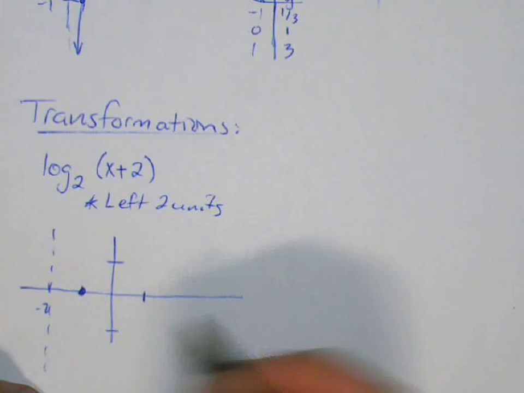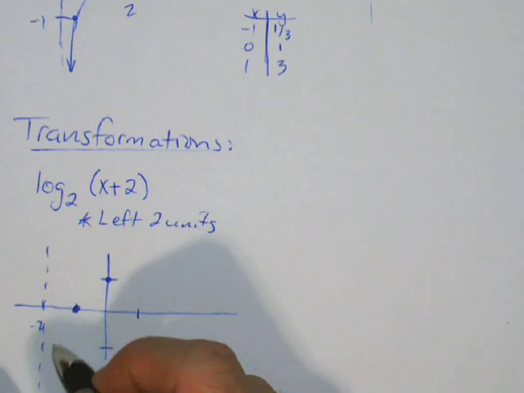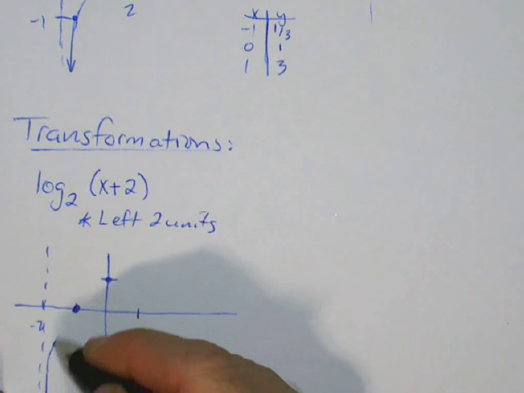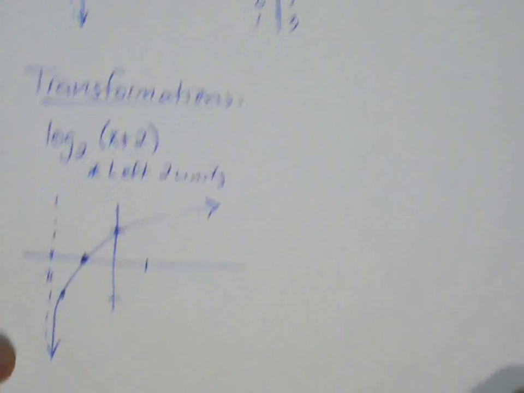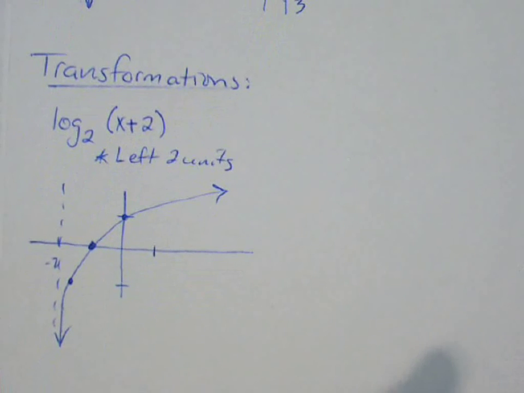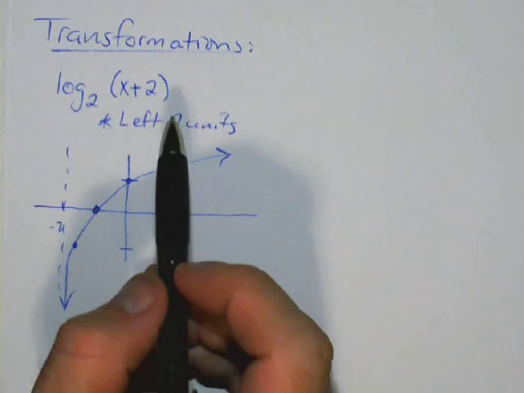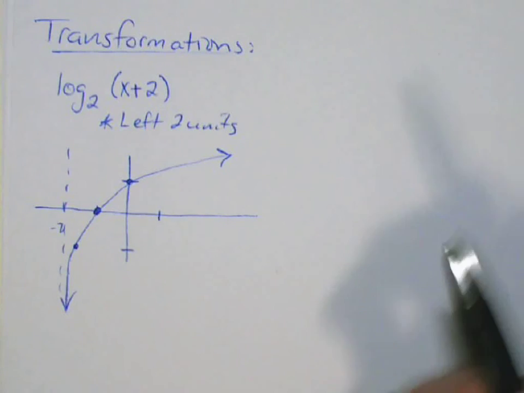And likewise for all of our other points, the point (2, 1) becomes the point (0, 1). This point at the half becomes (-1, 1/2). And we get our sketch thusly. So the big thing for transformations is to think about what the original graph looked like and what transformations are occurring, and we know them all already.